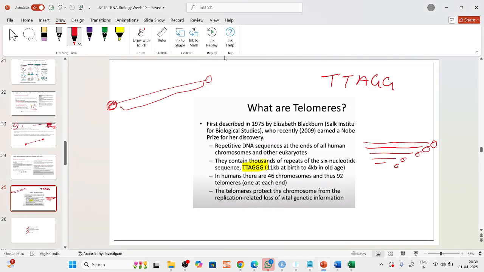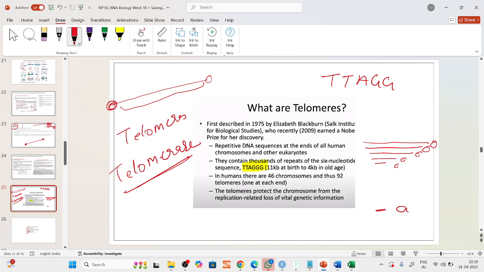But if there is uncontrolled proliferation of telomeres because of the enzyme telomerase, okay? So there are two words, telomere, which is the repetitive sequence, and telomerase. Telomerase is an enzyme.